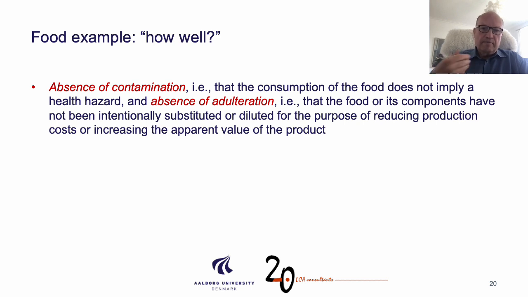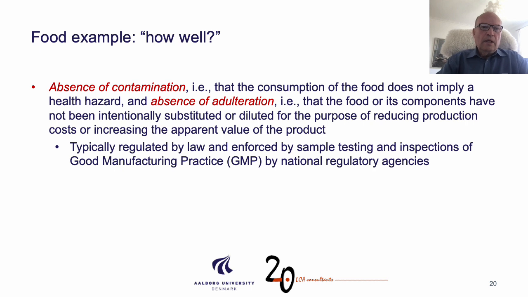That is, that none of the food components have been intentionally substituted or diluted for the purpose of reducing production costs or increasing the apparent value of the product, so that you're misleading the consumer. This is typically regulated by law and enforced by sample testing and inspections of good manufacturing practice by national regulatory agencies.